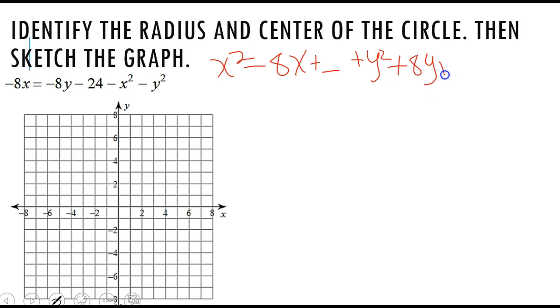And then plus what we are going to add. And then we have the negative 24 is already on the right, so we keep it on the right. And then we're going to add to the right whatever we add on the left. So 1/2 of negative 8 is negative 4. Negative 4 squared is 16.